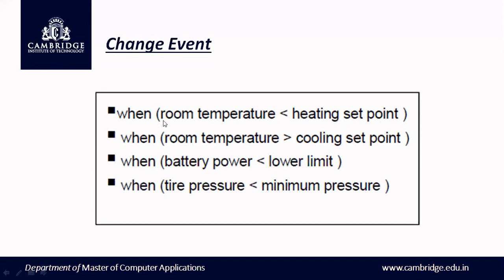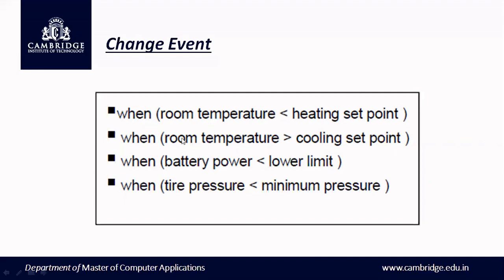The heating set point is a particular temperature. If the temperature in the room is less than this heating set point temperature, the condition is satisfied. When this condition is true, the transition takes place. Otherwise, it remains in the same state, that is the current state.